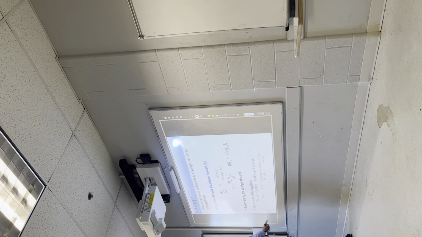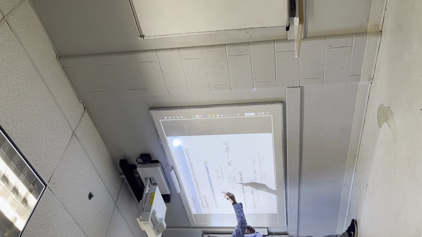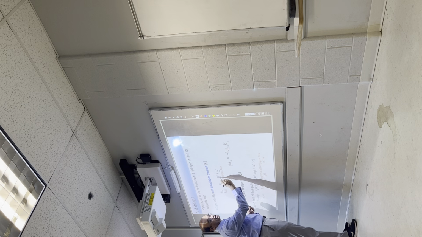Now we are learning that if the Ka value is high, it's going to be a strong acid. Can anybody tell me why? If the Ka value is high in terms of concentration? Yes. If there's more product, it's dissociating a lot more. So if you have more product, there's going to be a higher Ka value.